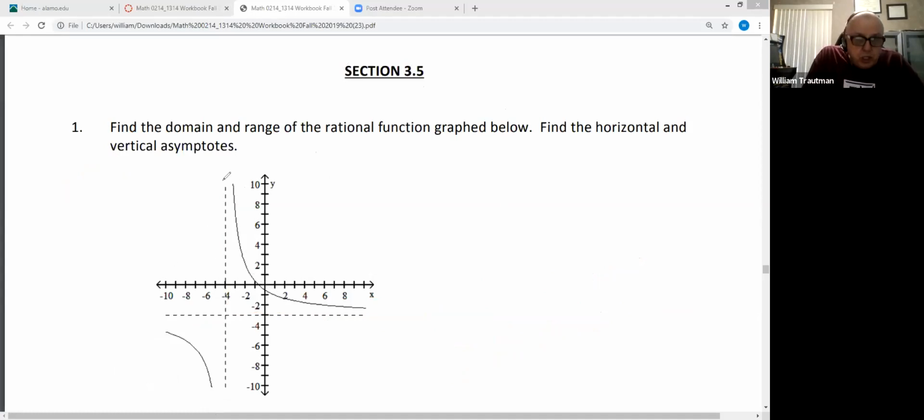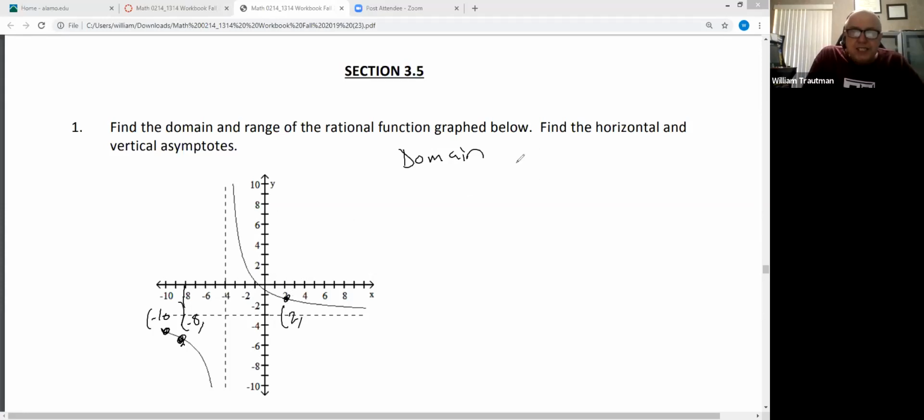Well, if you look, the domain is what can x equal. If you look here at x negative 8, this graph right here is x negative 8. The part of the graph is x negative 10. You know, there's a y value, but I'm just looking at the domain right now. This value right here is x equals 2.